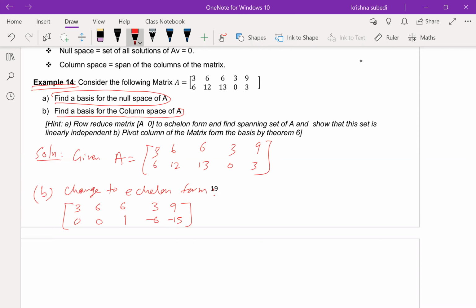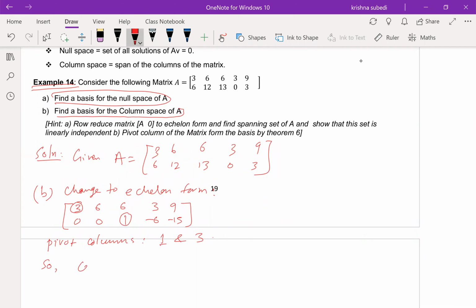Now my question to you is this: what are the pivot columns? One, this is your pivot, and this is your pivot, 1 and 3, right?